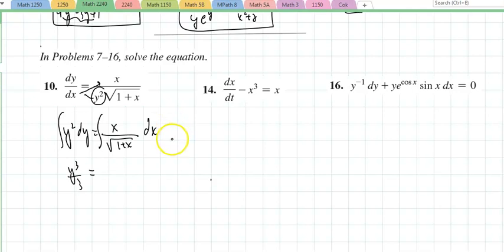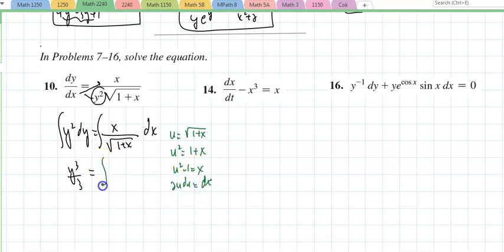I need to get rid of a radical. We know how to do that. Let u equal the square root of 1 plus x, right? u squared would be 1 plus x, so u squared minus 1 equals x, and dx would be 2u du.